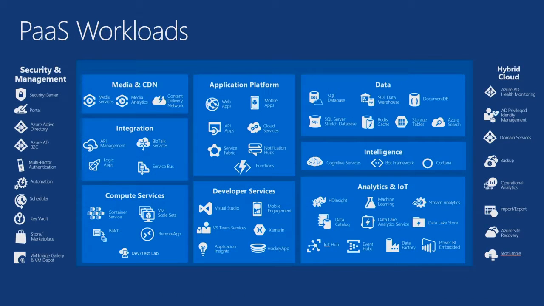Then we have the PaaS workloads, which is the eye chart where you have services for security and management. Application platform is in the middle there, and then developer services, as well as IoT and analytics services. If you haven't seen that chart, you can pull the slides later.